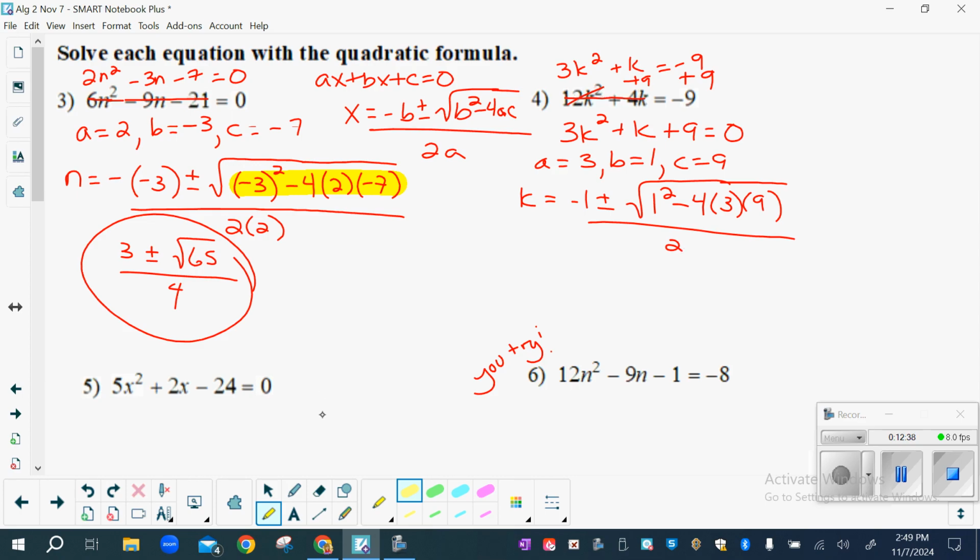Did you say 2 times 3? Yep. Okay, so now simplify what's inside that radical there. That's where most of the mistakes happen.